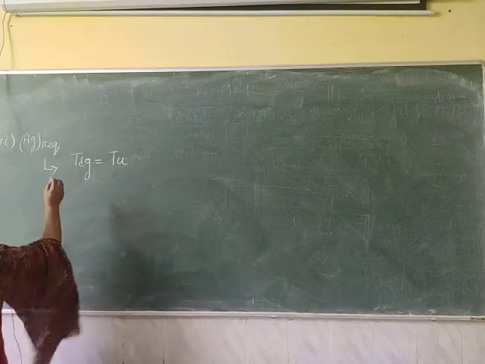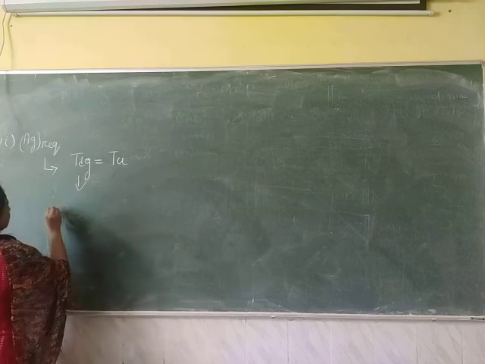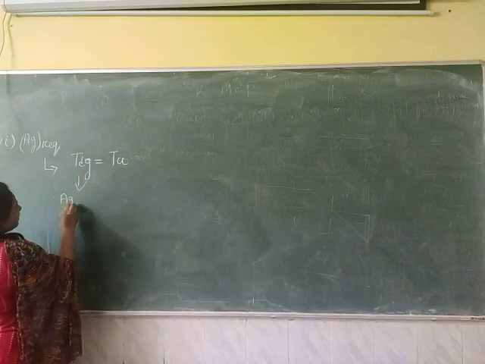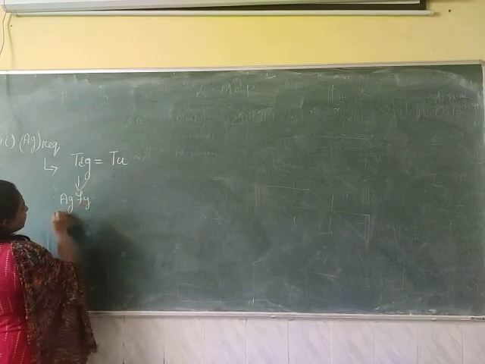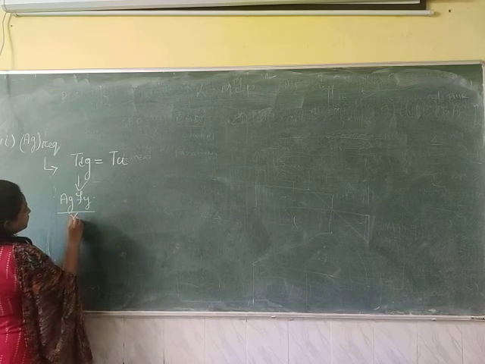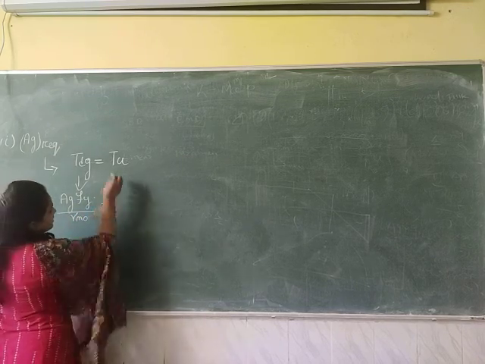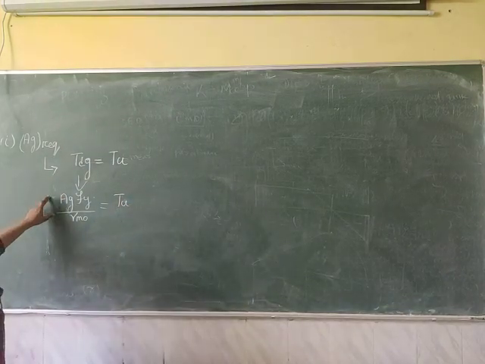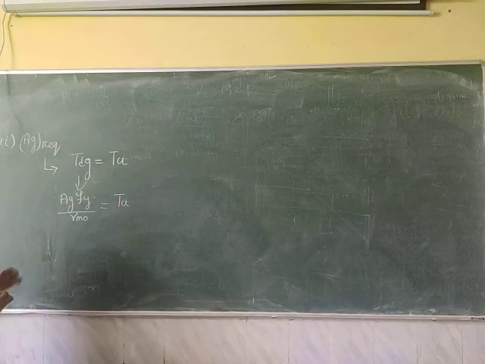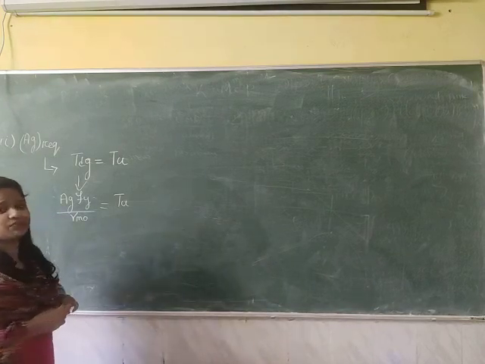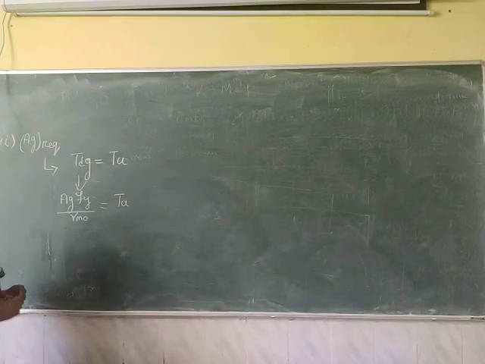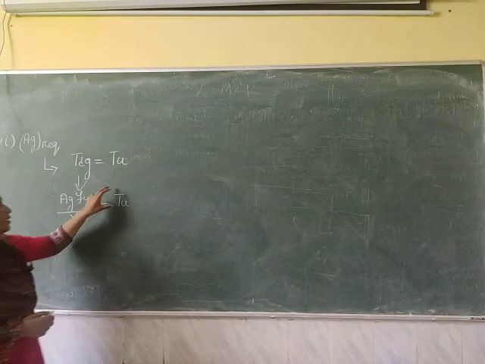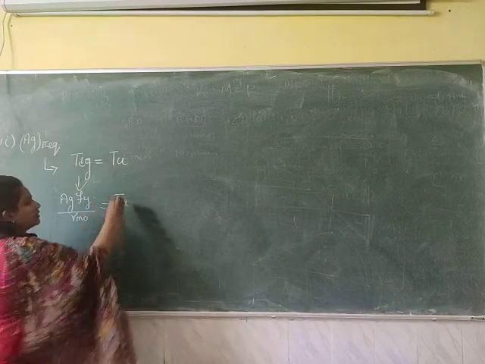T_dg, you know, is gross area times yield stress divided by gamma m0. The yield stress of the material you know is 250 megapascal, gamma m0 is 1.1, and the external applied tensile load will be given in the question.